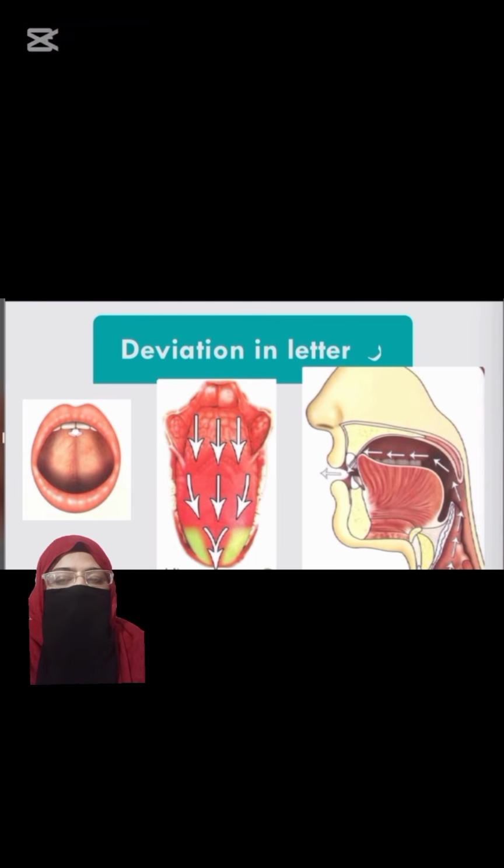If we block the sound incorrectly, using the wrong part of the tongue side, the Raa becomes difficult and incorrect to pronounce, like ar. They are pronouncing like that.